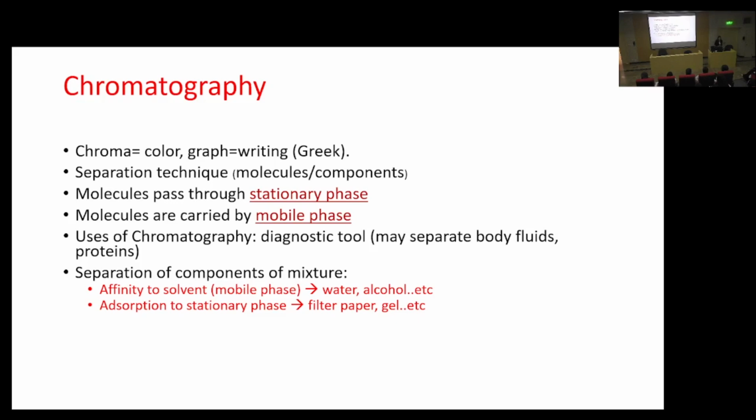Same thing with adsorption. If there's a lot of adsorption on the paper, a kind of friction, you can think of it, then the amount or distance that it'll travel is less, and the separation will be more difficult because it's more attached to it. So those two things will affect the separation of molecules in chromatography.